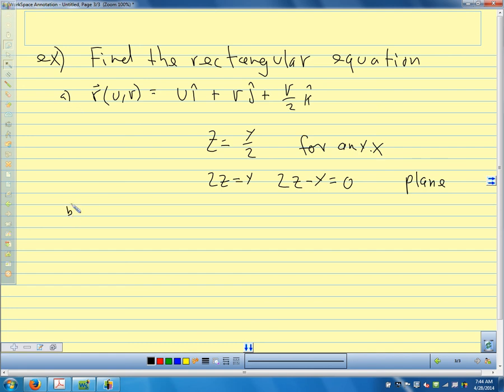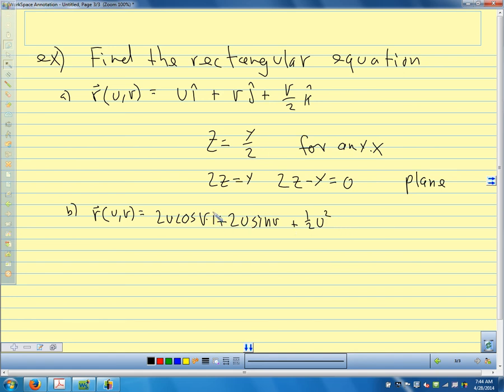How about R of u and v is 2u cosine v plus 2u sine v plus 1/2 u squared.